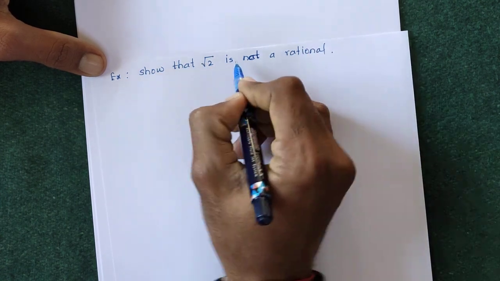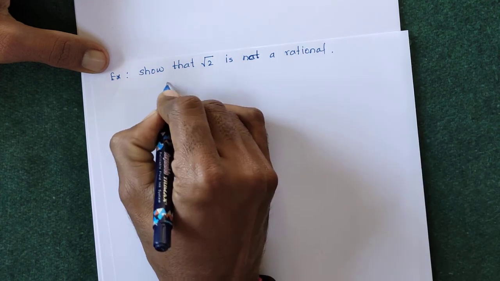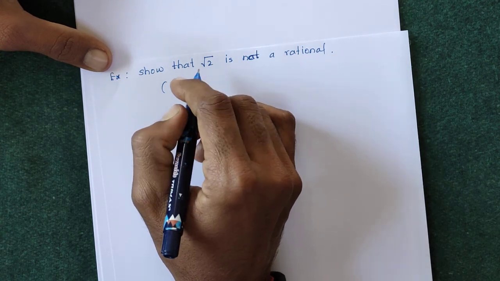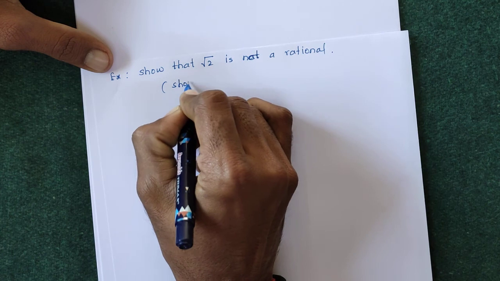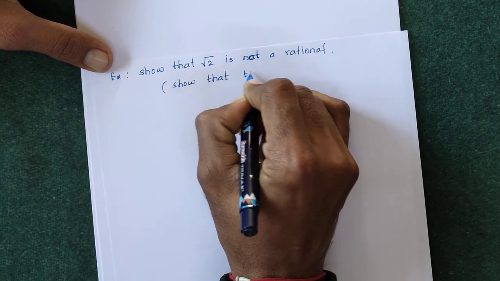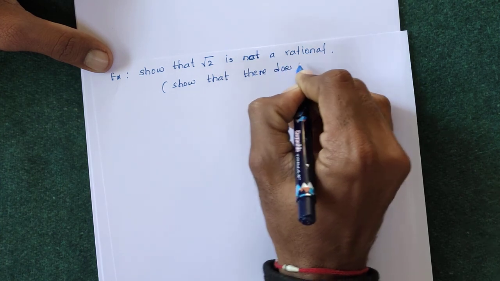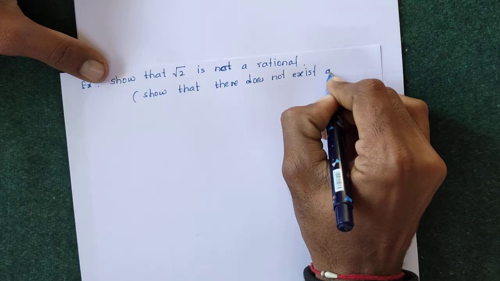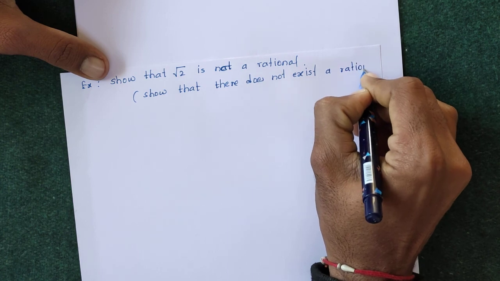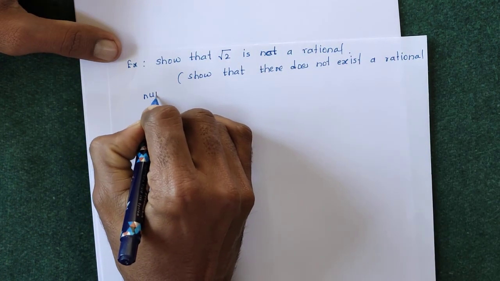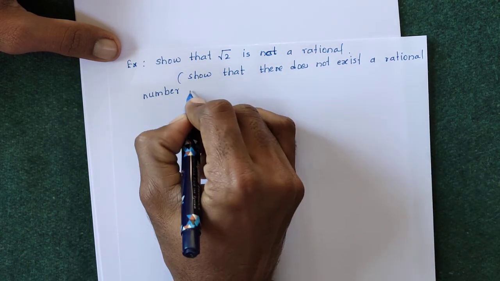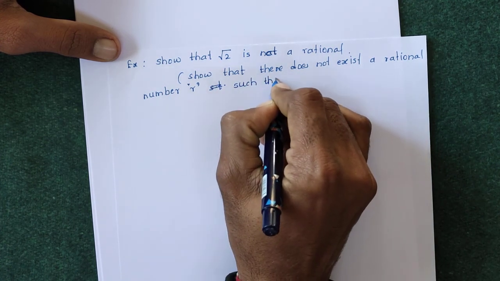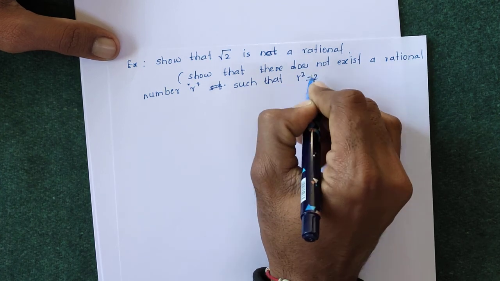Show that square root of 2 is not a rational number, or this question can be asked alternatively as: show that there does not exist any rational number R such that the square of R is equal to 2, R square is equal to 2.